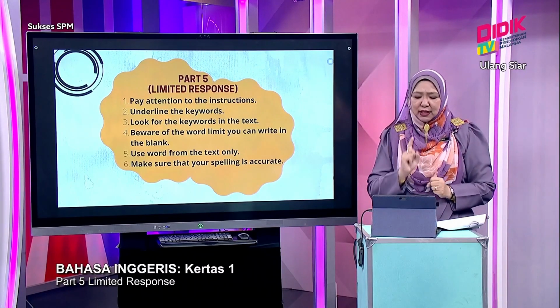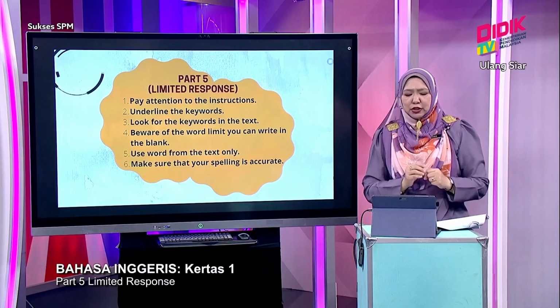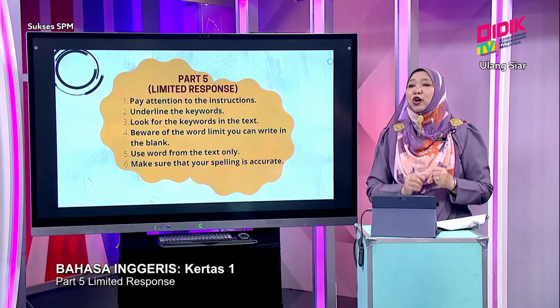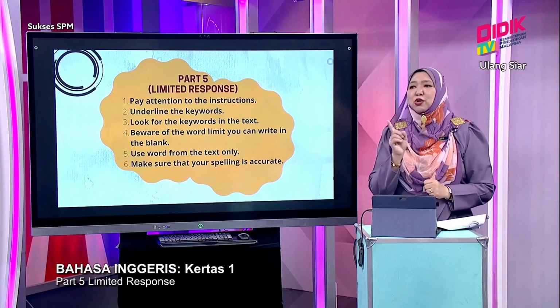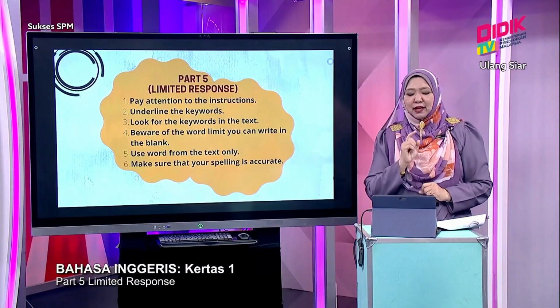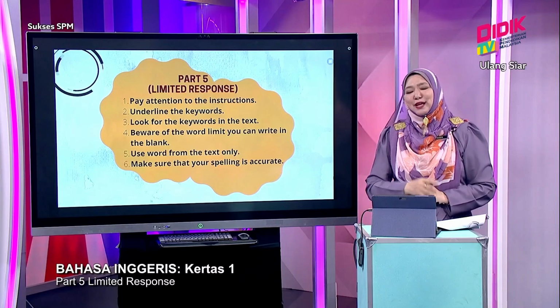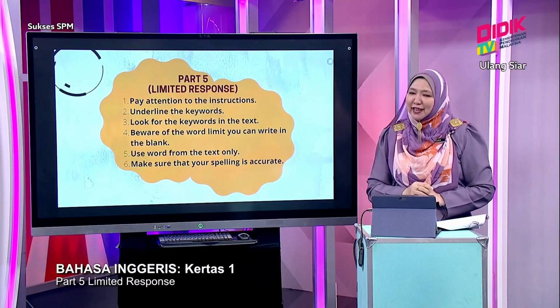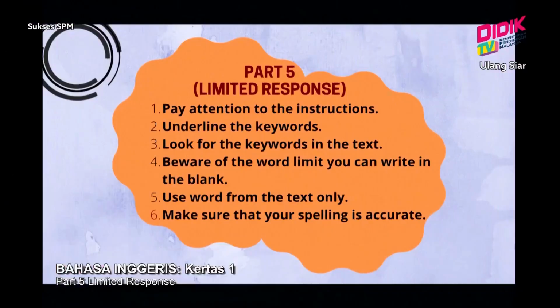Use words only from the text, no own words. Don't improvise. I know you are all very good, but don't improvise. And also make sure your spelling is accurate. Don't misspell. We don't want to lose marks because of misspelling.